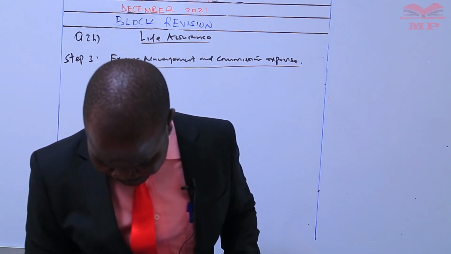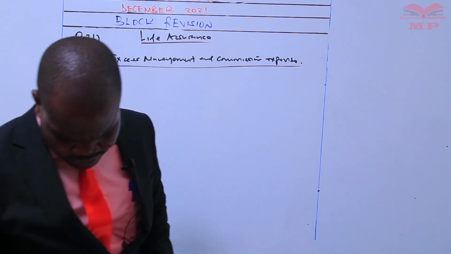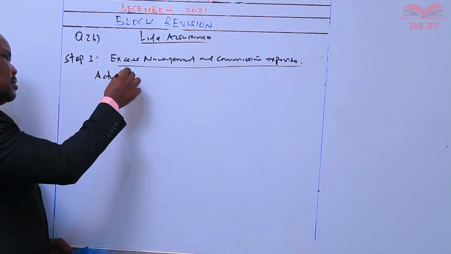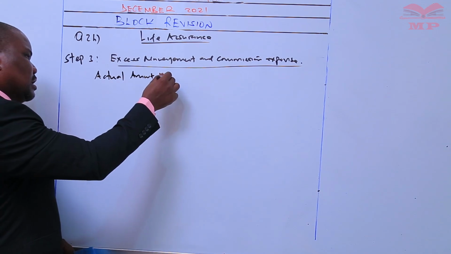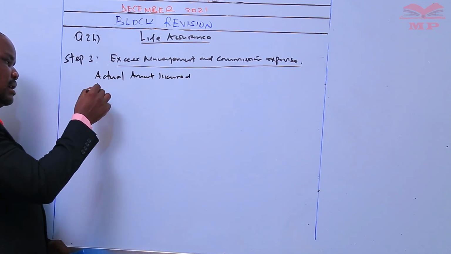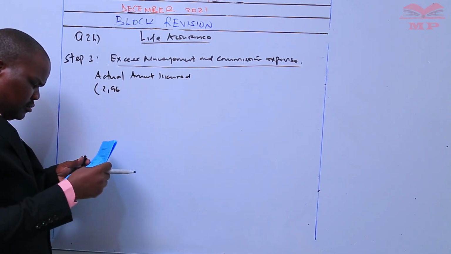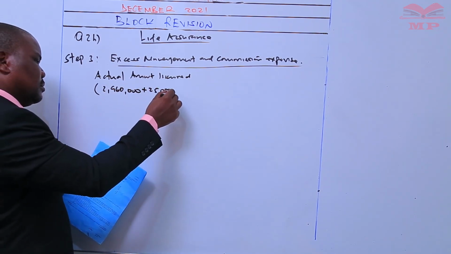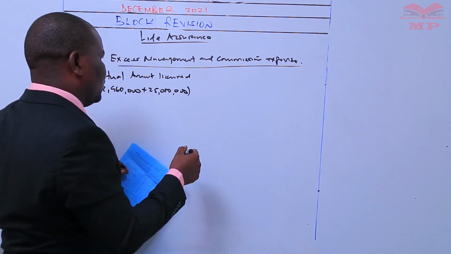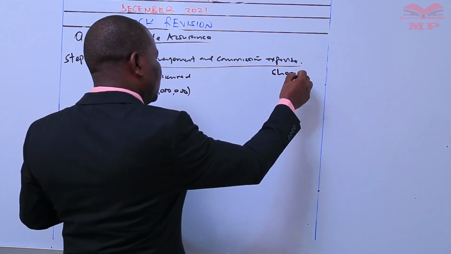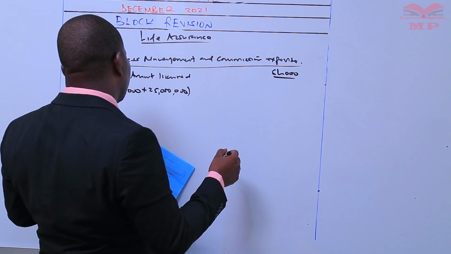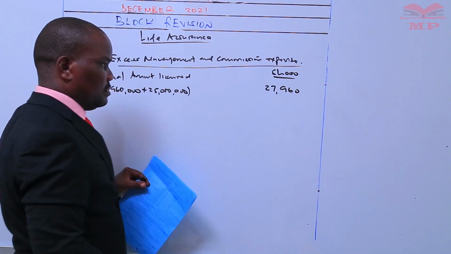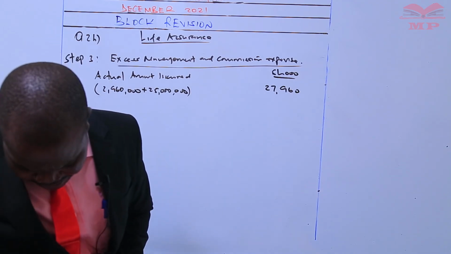So we do it like this. We say actual amount incurred. We do it like 2,960,000 plus 25 million. That will be a total of 27,960,000, 27.96 million.